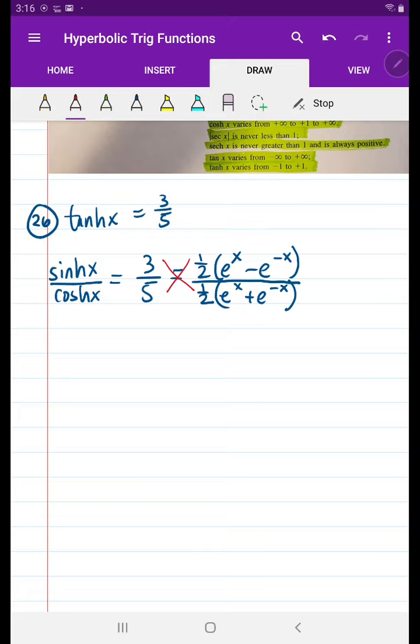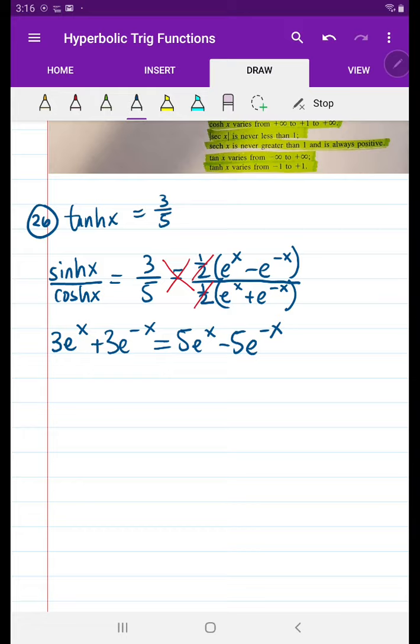First off, I could see that the 1/2s would cancel right away, right? And then I could distribute those 3's and 5's. So in my next step, I would have 3e to the x plus 3e to the negative x equals 5e to the x minus 5e to the negative x.